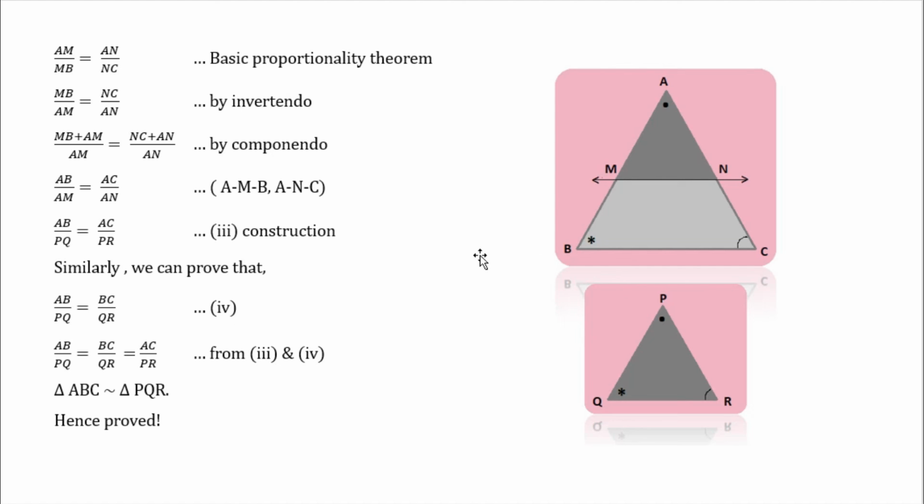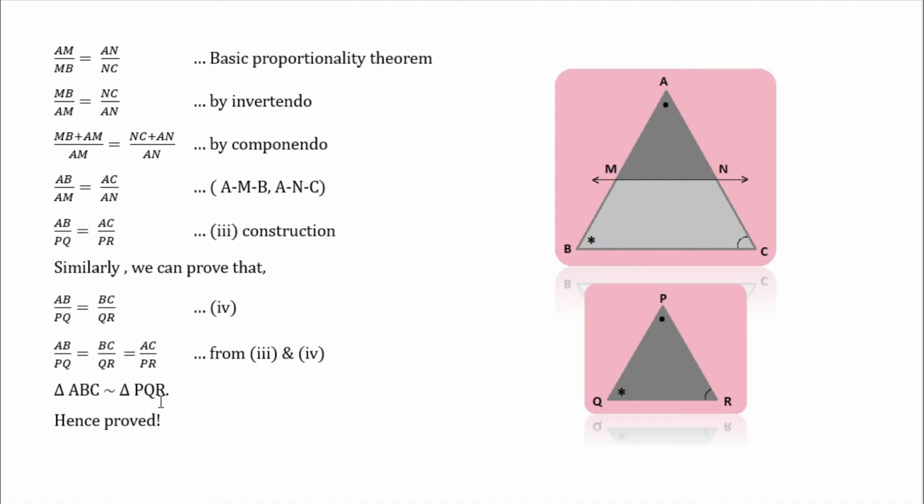So we proved triangle ABC is similar to triangle PQR using only three conditions, the ratios of corresponding sides of both triangles, which we get from the third and fourth equations.